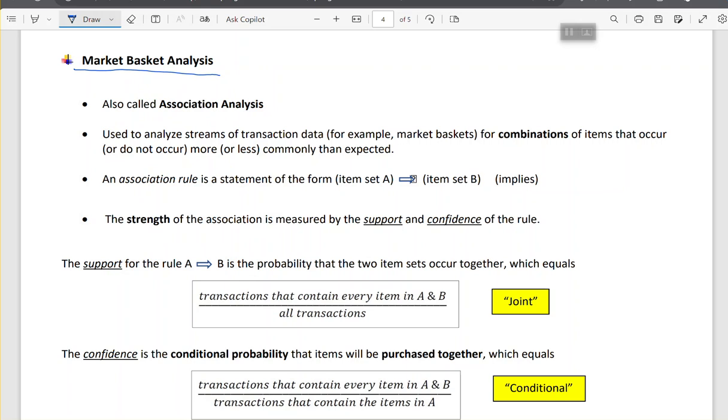This analysis is most of the time applied in different grocery stores or big market spaces. For example, we have already talked about this example. If you go to Walmart, we have all different kinds of items, thousands, even millions of small items.